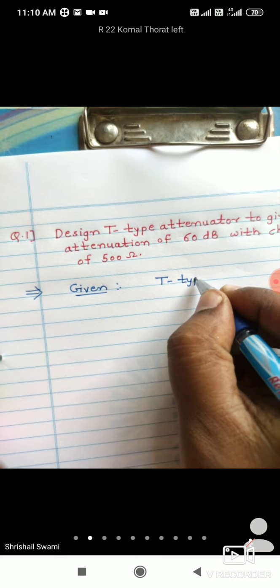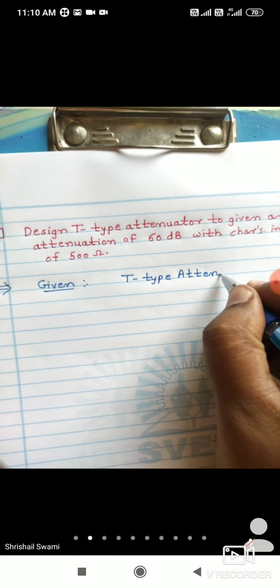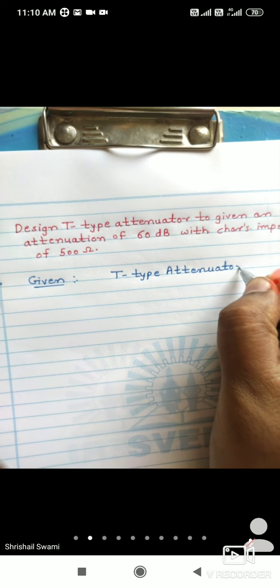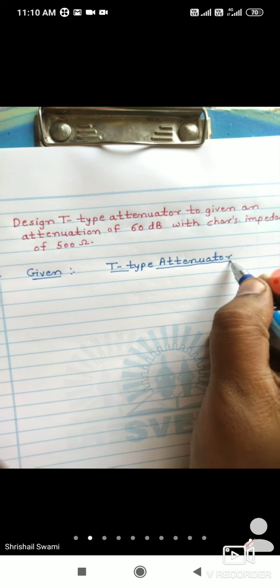So what are the given things? You can note down first of all. So given, first of all which attenuator you are going to design, that you can remember and write, so that it will be easy for writing the equations or formulas. So T type attenuator I am going to design.